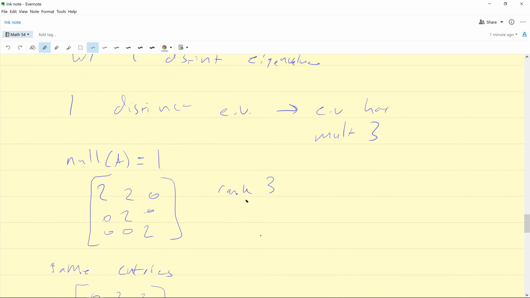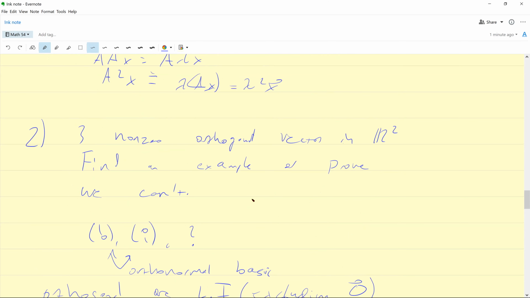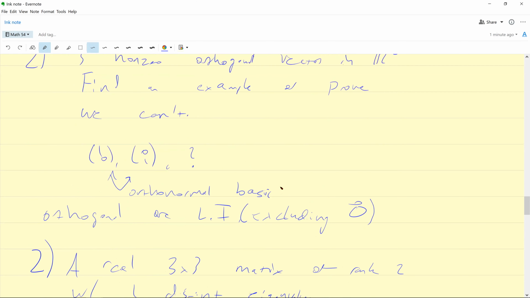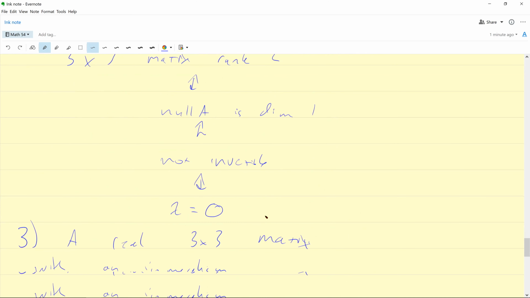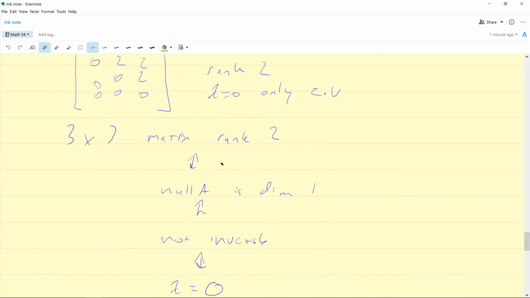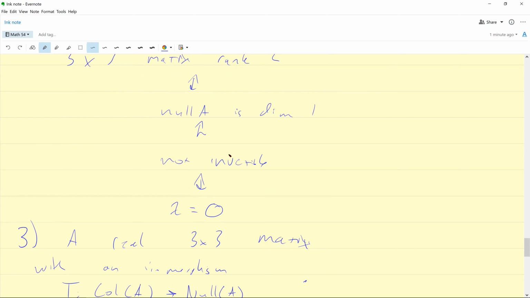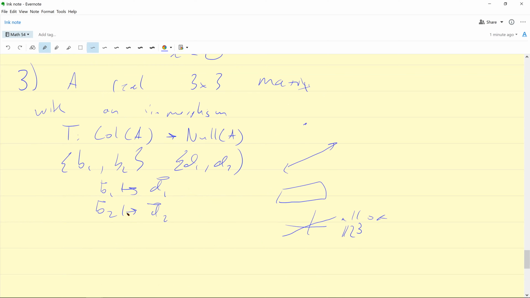Let's go back to what we used earlier. What are we using here to relate the rank and null space? Rank nullity theorem? Yeah, so in this situation, does that help us?